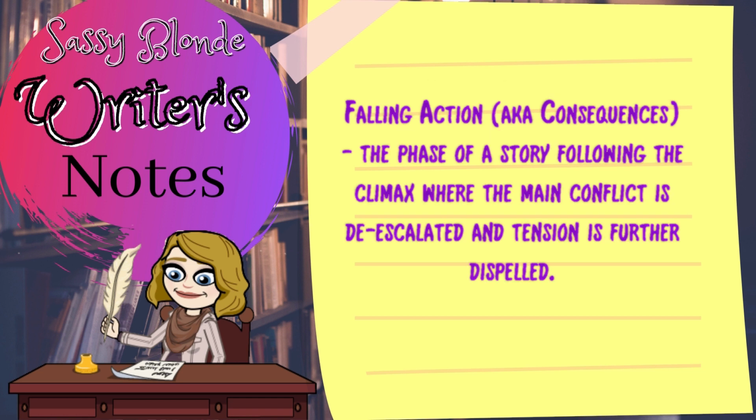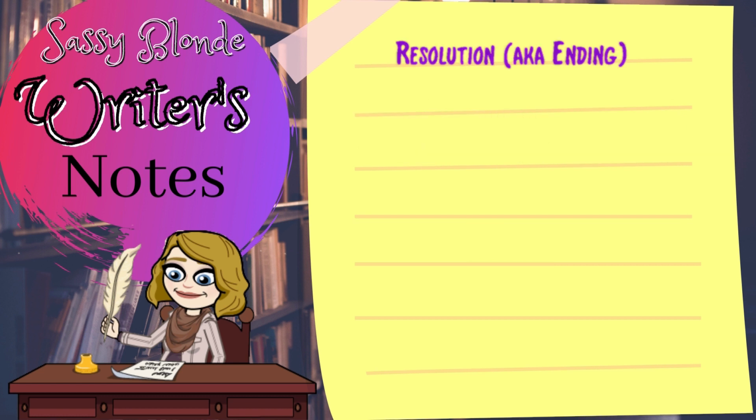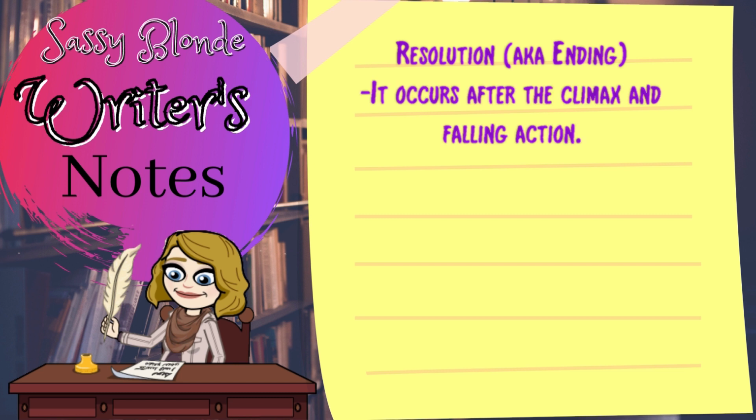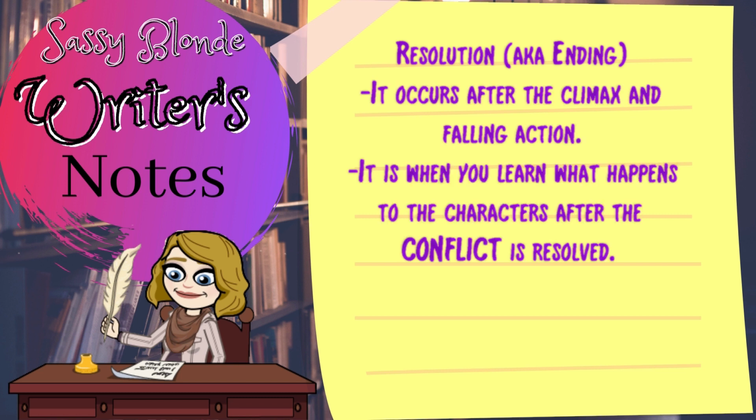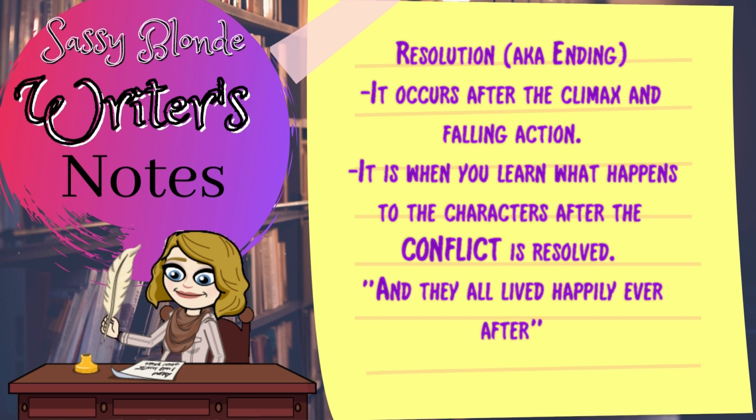It is the phase of the story following the climax in which the main conflict is de-escalated and tension is further dispelled. And then you have the resolution, aka the ending. This occurs after the climax. It is when you learn what happens to the characters after the conflict is resolved, and they all lived happily ever after.